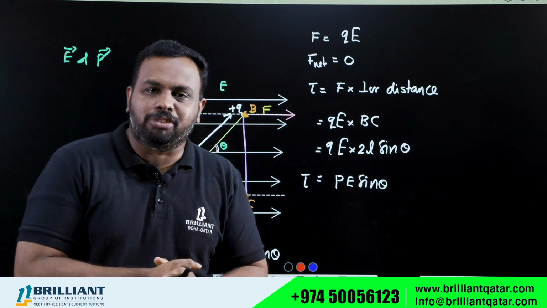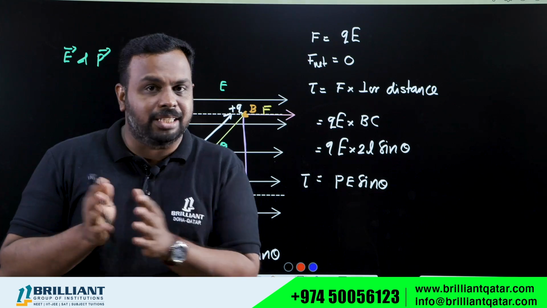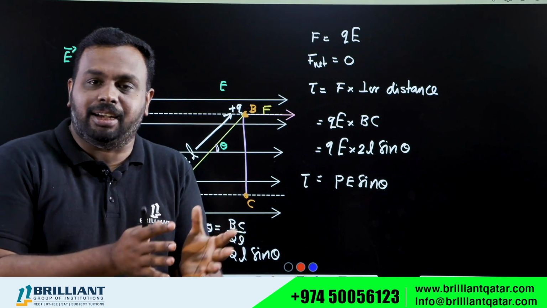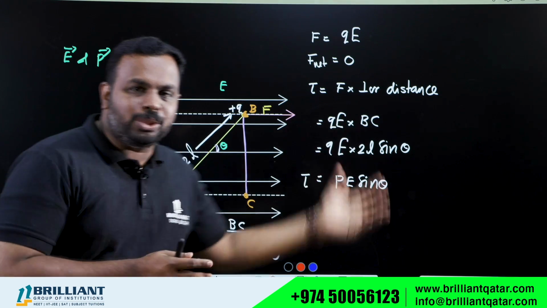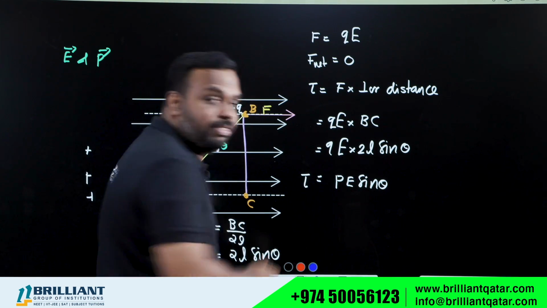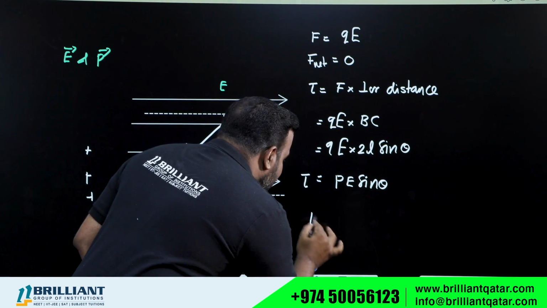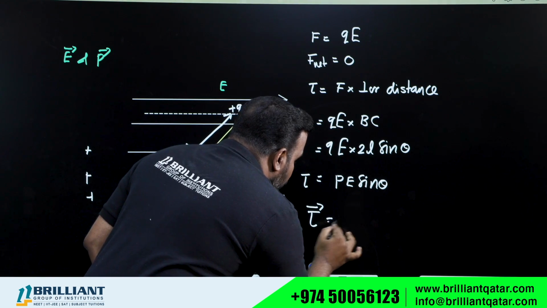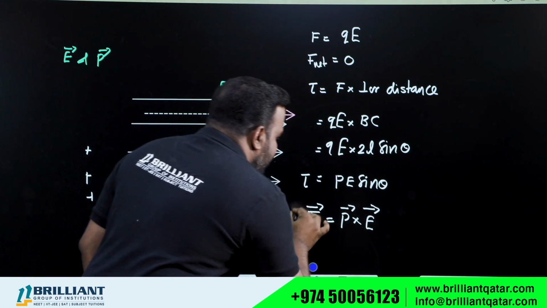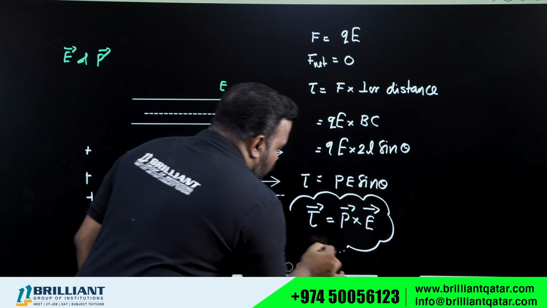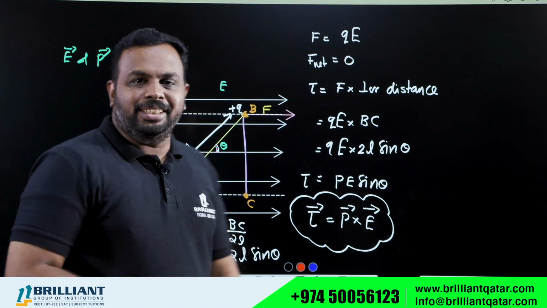Do you remember this kind of formulas? AB sine theta. If A is the first vector, B is the second vector and sine theta, it is representing the cross product of two vectors, right? So using that idea, we can write torque in vector form. How? Vector tau is equal to vector P cross vector E.